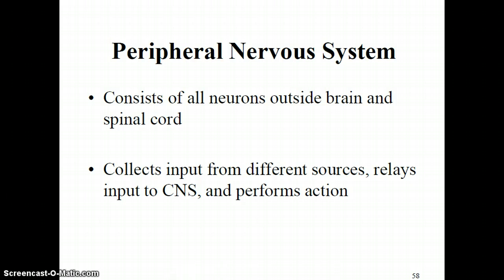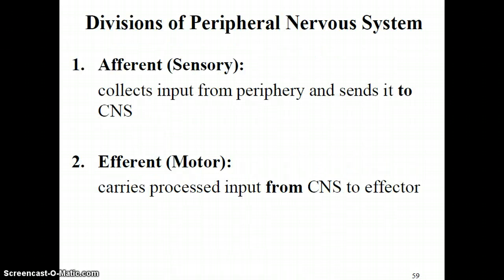The peripheral nervous system consists of all the neurons outside of the brain and spinal cord, and here are some of the functions. We took a look at it in showing you that information is relayed. Afferent fibers carry information towards the central nervous system, and efferent fibers carry information from the central nervous system to effectors.